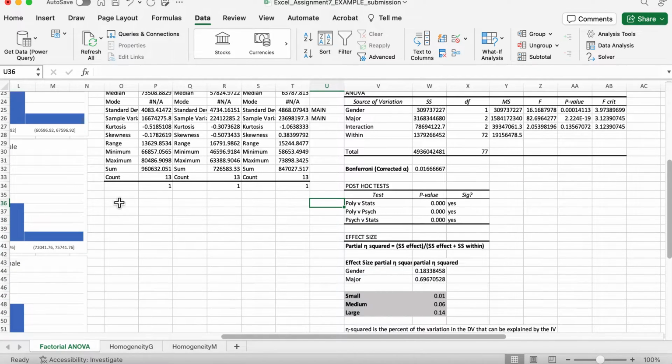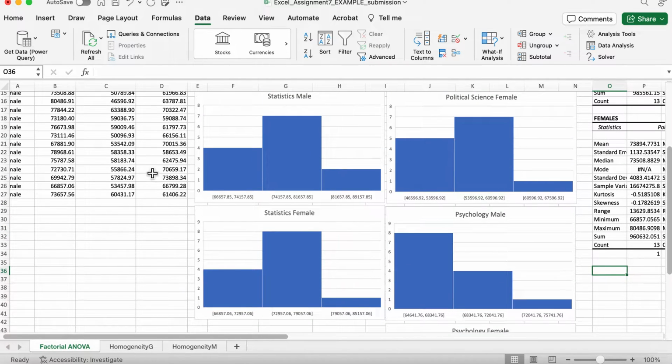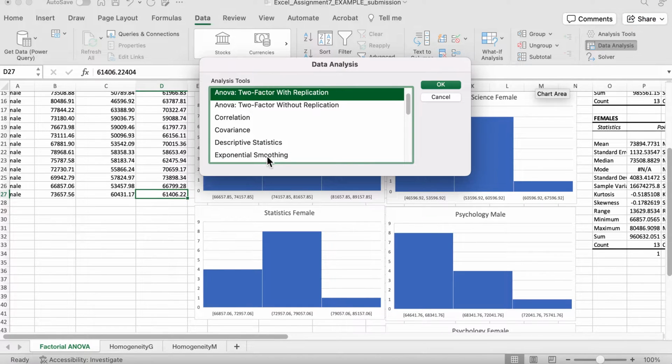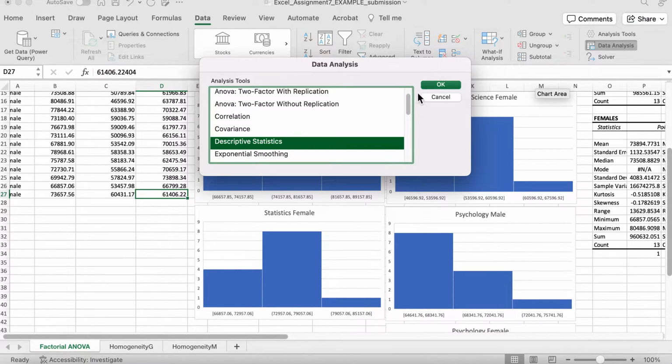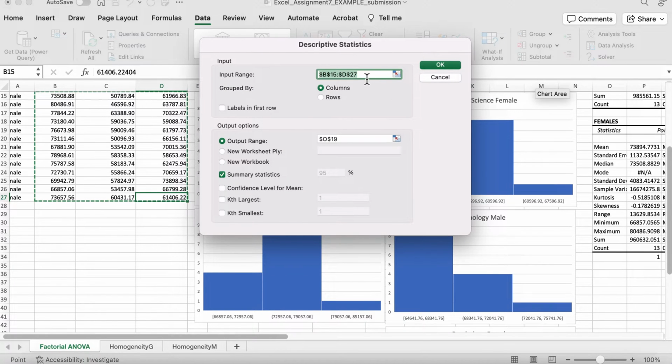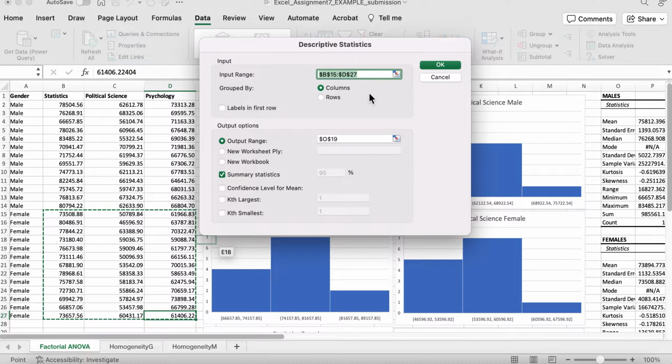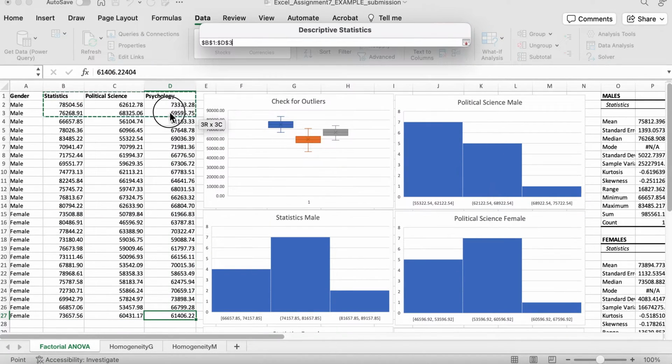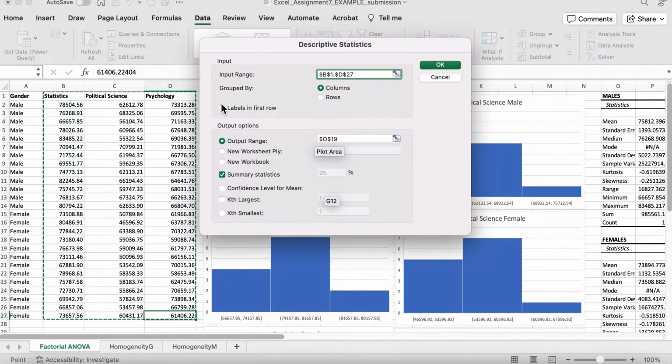If I wanted to pull up the means for these three, I can just do data analysis, descriptive statistics, and select the entire columns labeled.